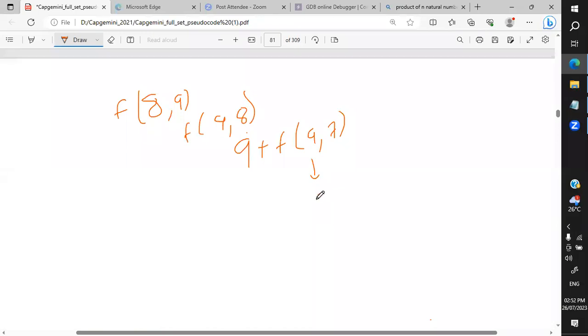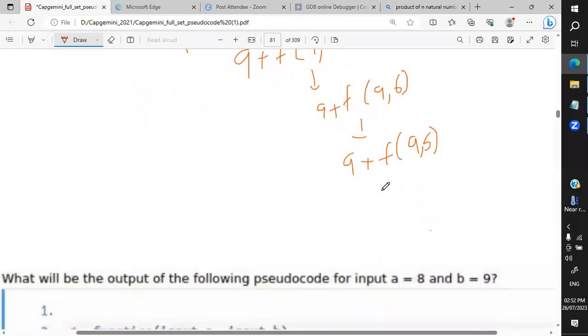It will call 9 plus f of 9 comma 6. Then again it will call 9 plus f of 9 comma 5. Then again 9 plus f of 9 comma 4.